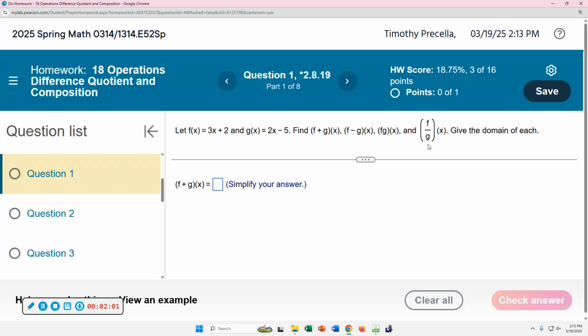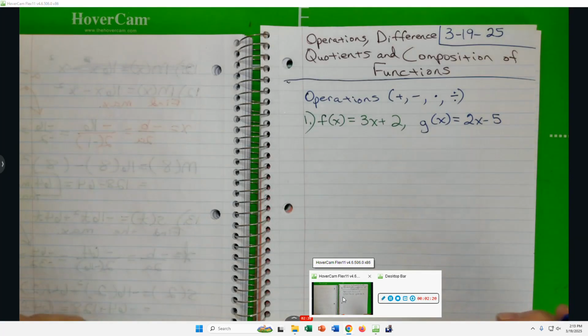Once we find all of those, they want us to give the domain of each function. Let's see if anyone remembers. We mentioned this in class two weeks ago, the Wednesday before spring break. Look at these functions. They don't ask us for their domains, but just for the record, what would their domains be?